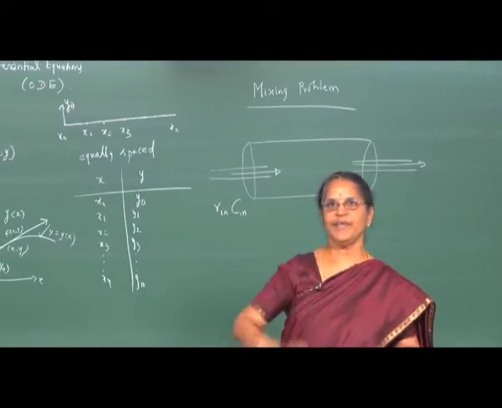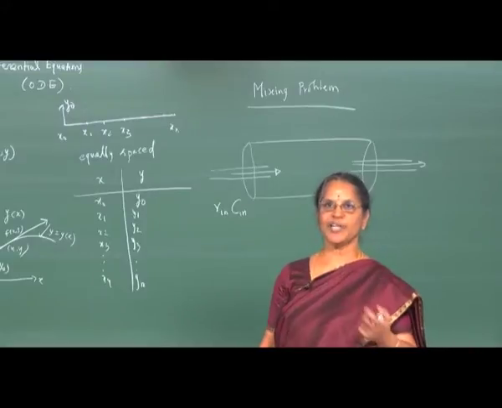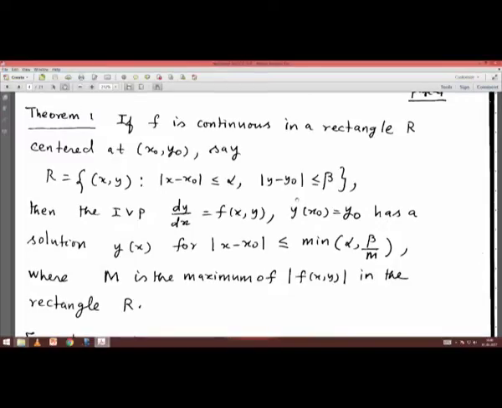What is capital M? M is the maximum of the absolute value of f of x comma y in the rectangle R. So, what is the condition that f has to satisfy? f has to be continuous in that rectangle R.